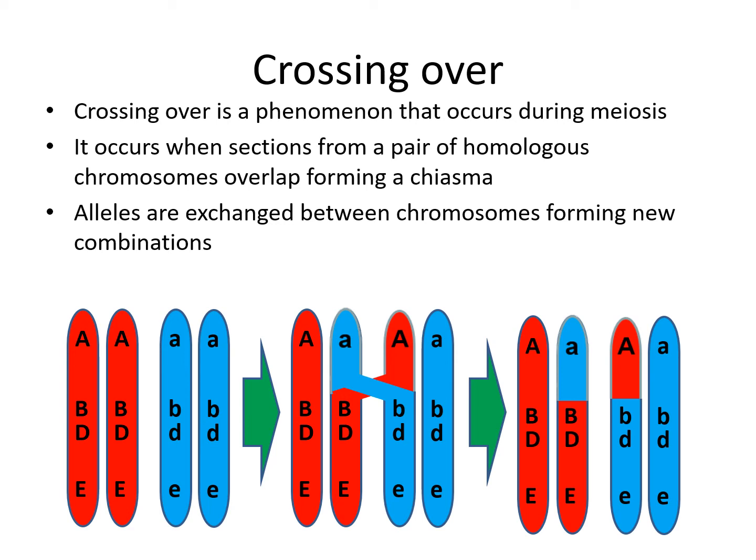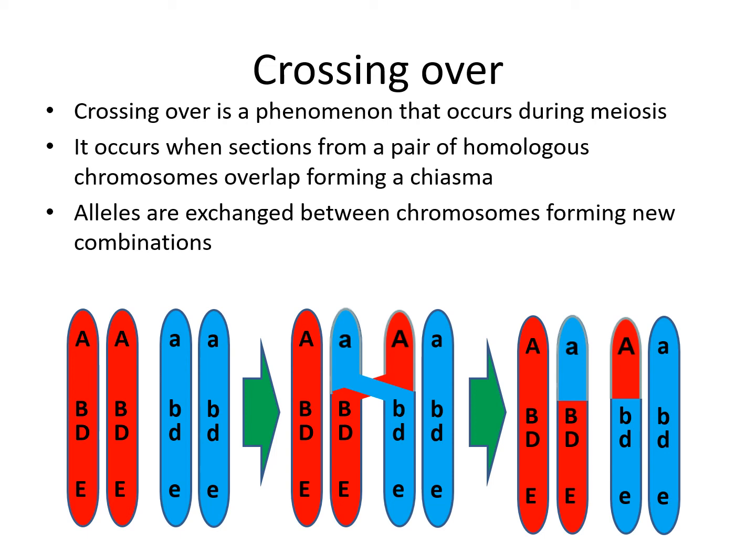And when you get a chiasma, what can happen, because sometimes it happens and you end up with no change at all, is that allele combinations that you wouldn't normally find start to occur. So if you remember back to the previous example, we only had 2 gametes and 2 final phenotypes.